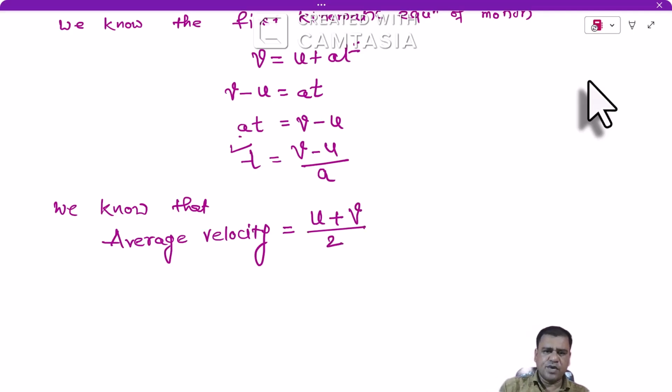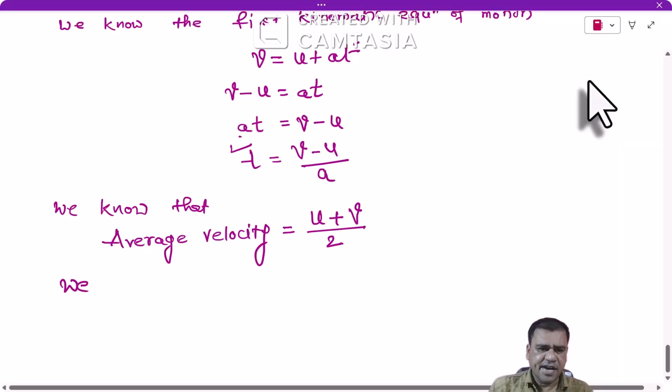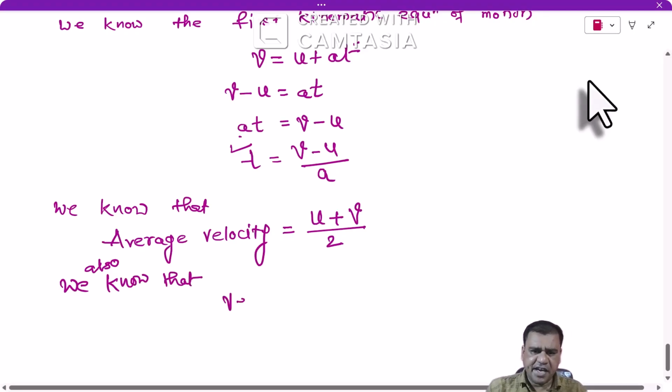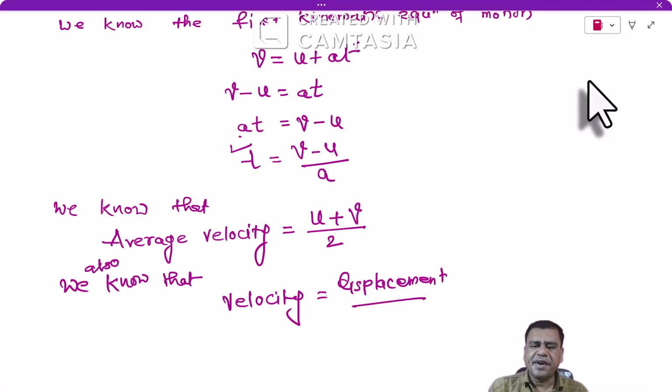This is nothing but the average velocity of the object. And we also know that the velocity can be defined as displacement divided by time.